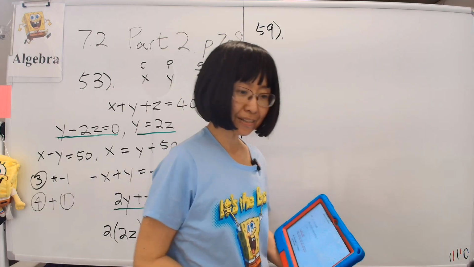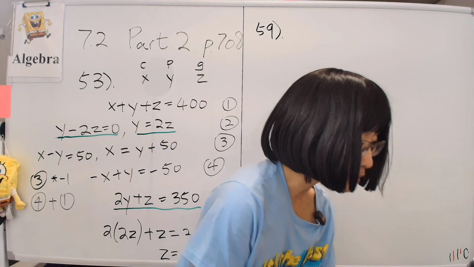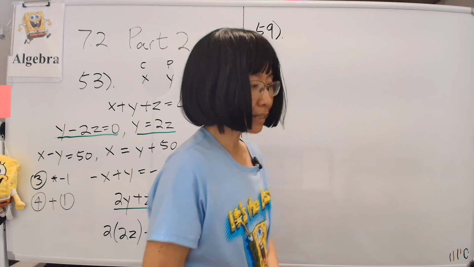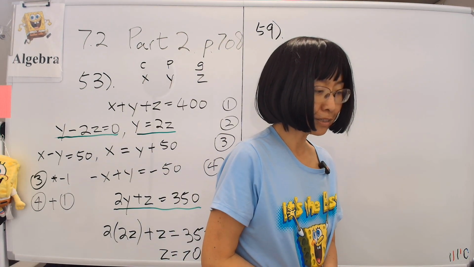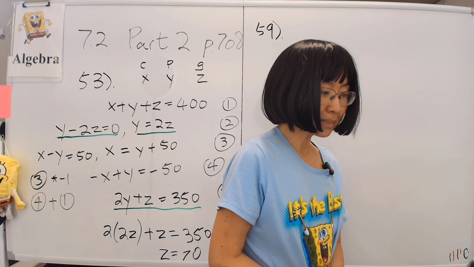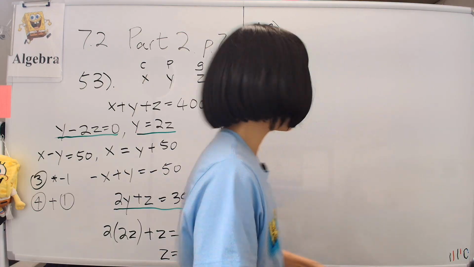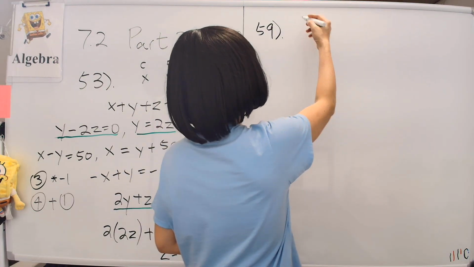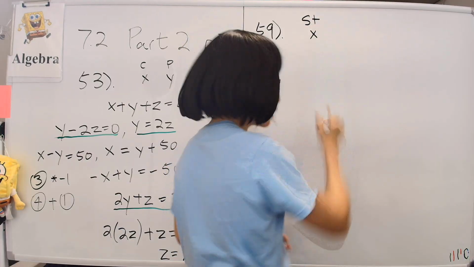So next, let's look at problem 59. A local band sells out. They sold a total of 1,175 tickets, which made $28,000. The tickets were priced at $20 for students, and we'll call the students x.